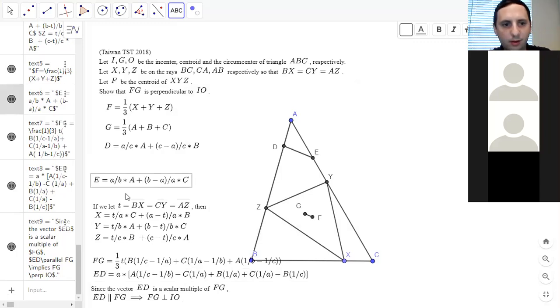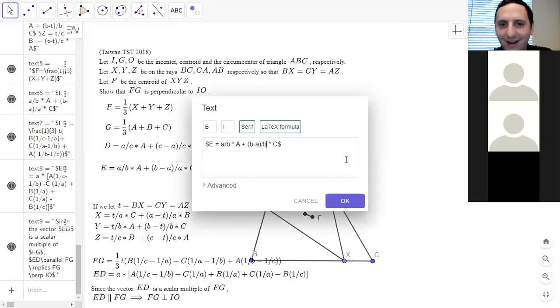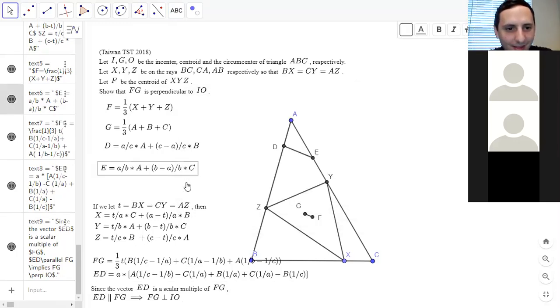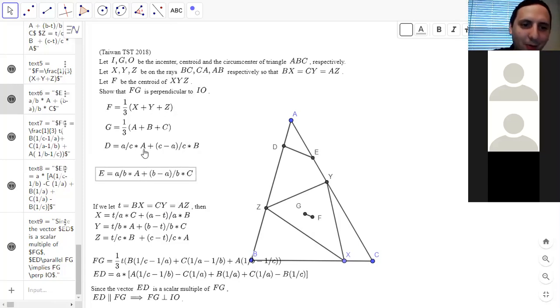Oh, the definition of E should be B minus A over B. That is my bad. So DE, I'm just going to leave it like this for now so we can move on to the next couple of questions.